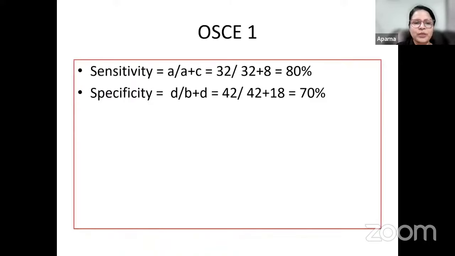So coming back to the 2 by 2 table, when you construct the 2 by 2 table appropriately, then you can take sensitivity as A divided by A plus C, and specificity is going to be D divided by B plus D. So remember that for both sensitivity and specificity, the denominator is the truly diseased population or the truly non-diseased population.